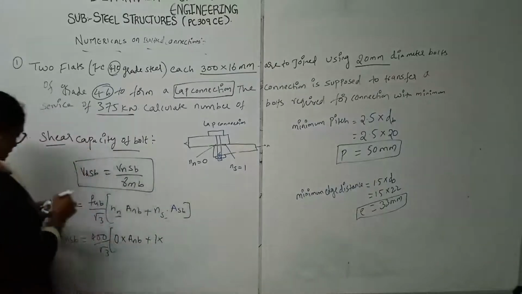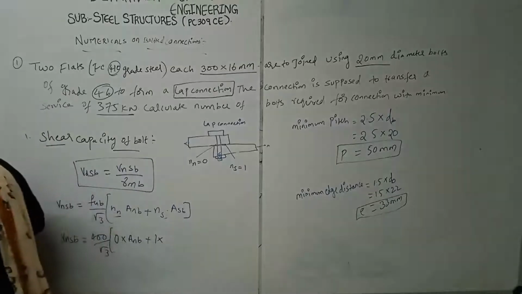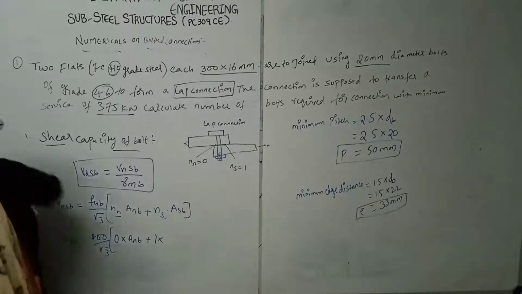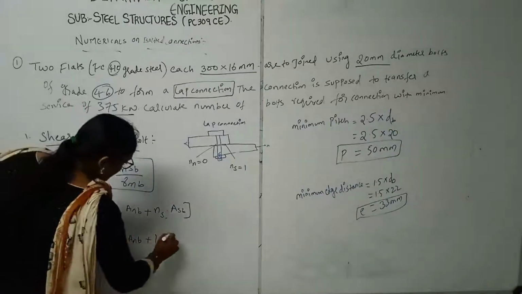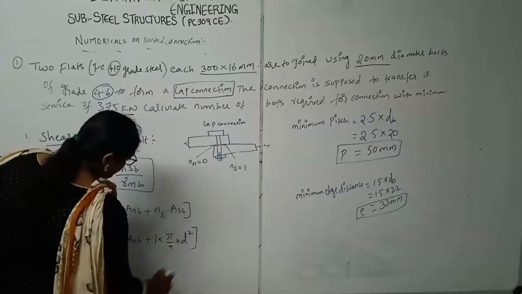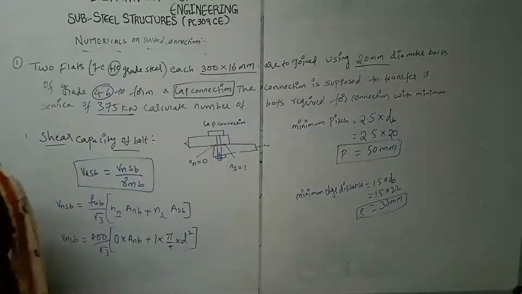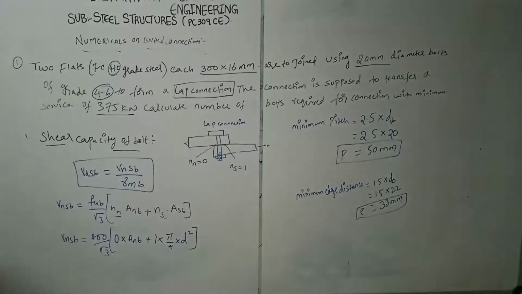So what have I given for ASB? ASB is nothing but how much? Pi by 4 into D square. So what is the value here? We'll place the values here.